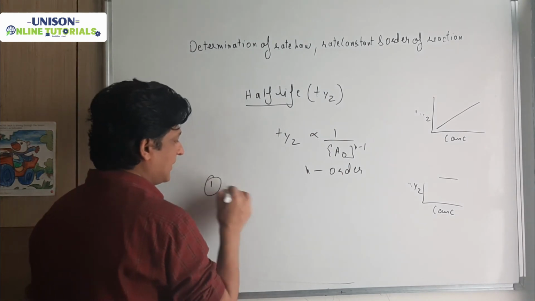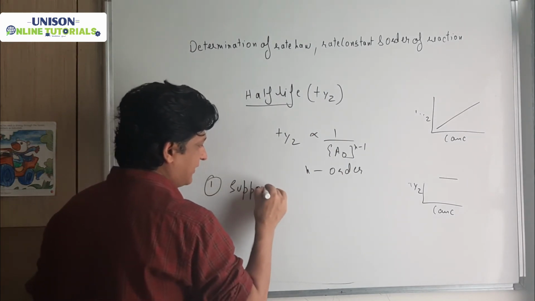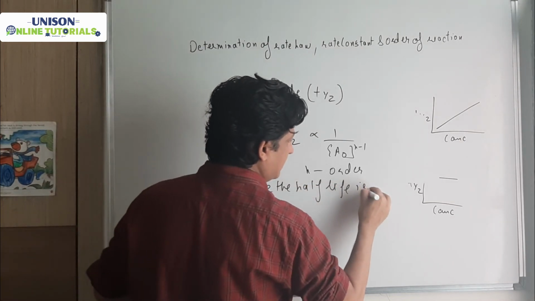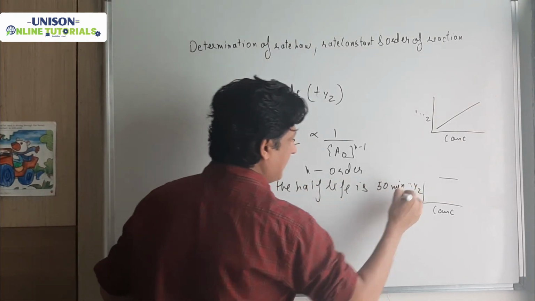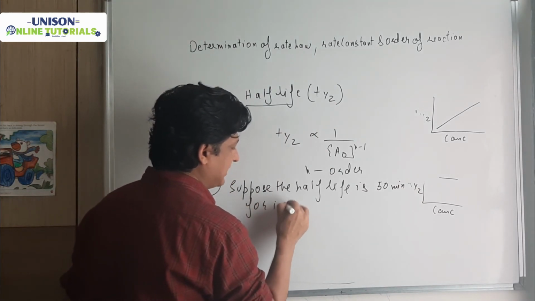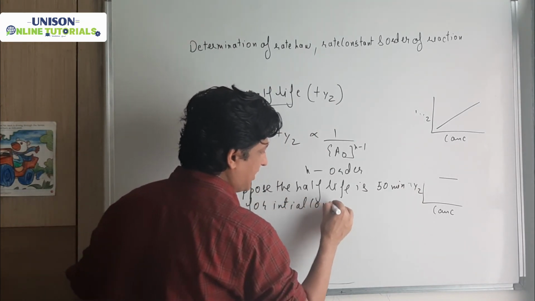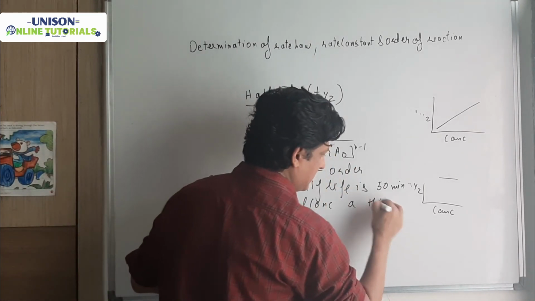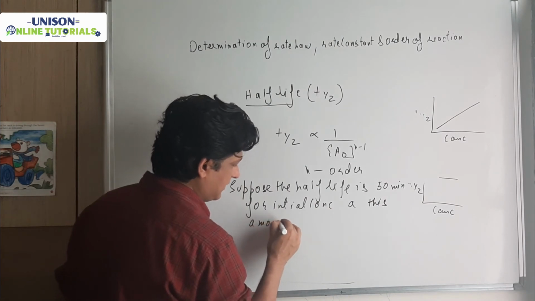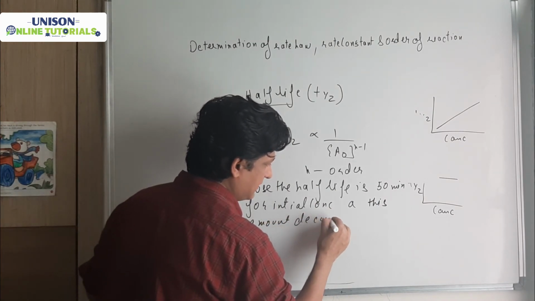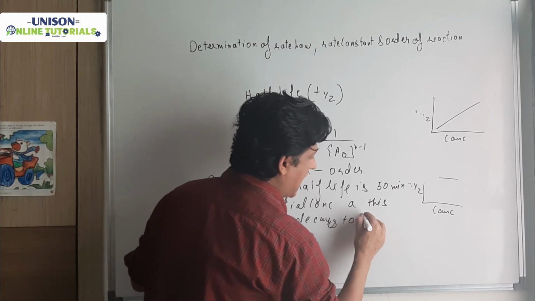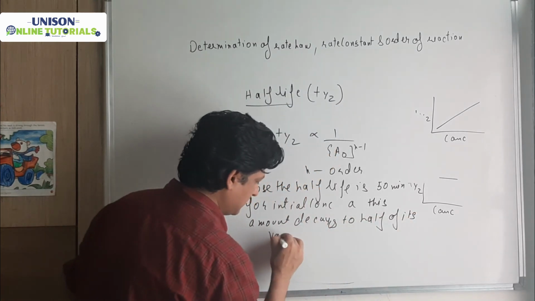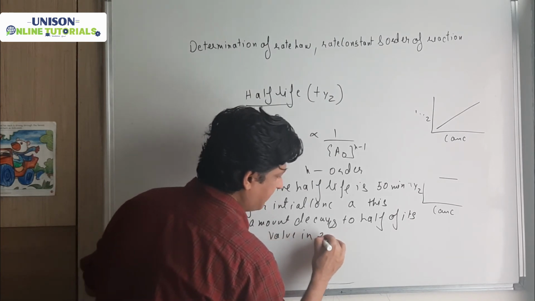Suppose the half-life is 50 minutes for initial concentration A. This amount decays to half of its value in 25 minutes.